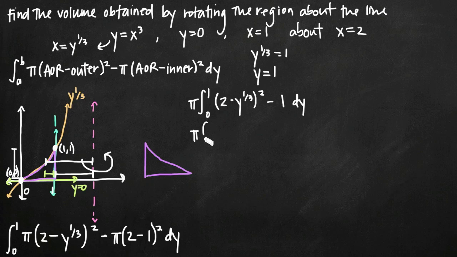So now let's go ahead and multiply out this 2 minus y to the 1/3 squared, so we'll FOIL it. When we multiply 2 minus y to the 1/3 times 2 minus y to the 1/3, we get 4 minus 4y to the 1/3 power plus y to the 2/3 minus 1 dy.